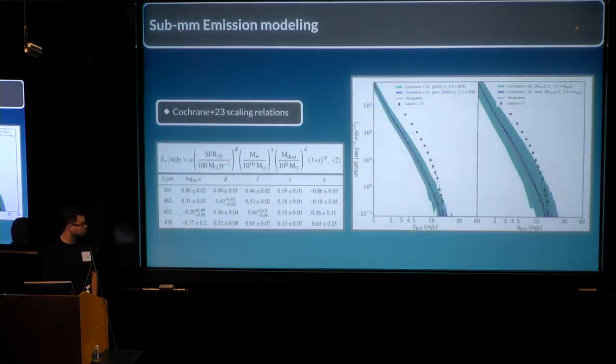So you already know the answer, but we are doing the following. We use a semi-analytic model. A semi-analytic model is basically where you put all the equations that govern galaxy evolution and formation in a single code, and those equations have 3 parameters that you can constrain using observations.